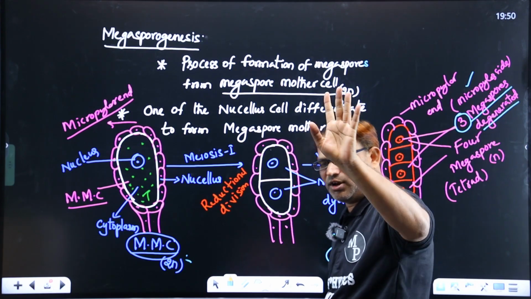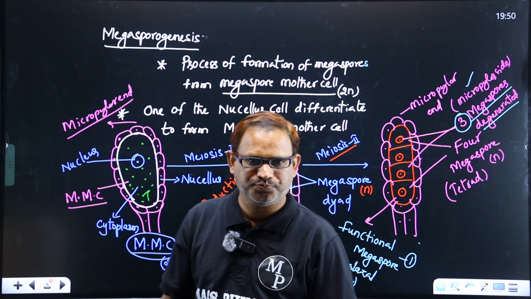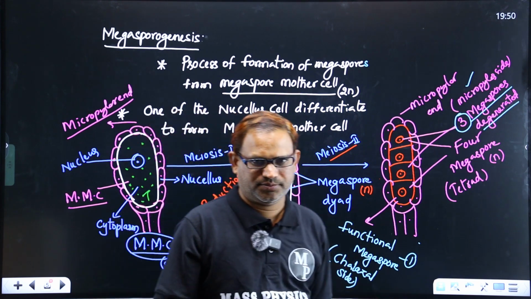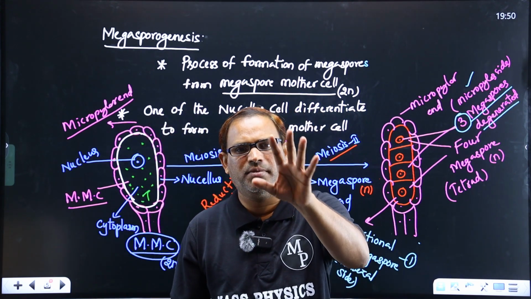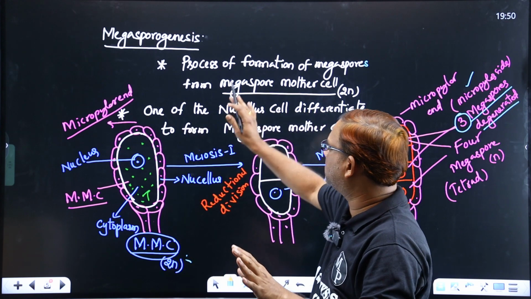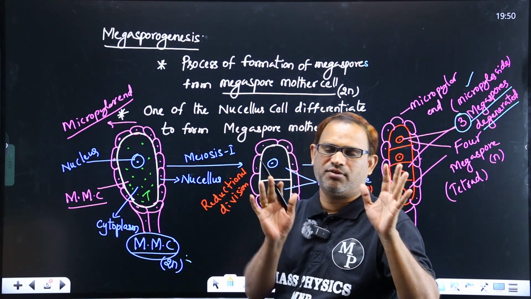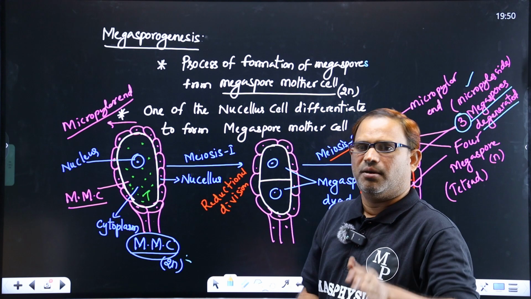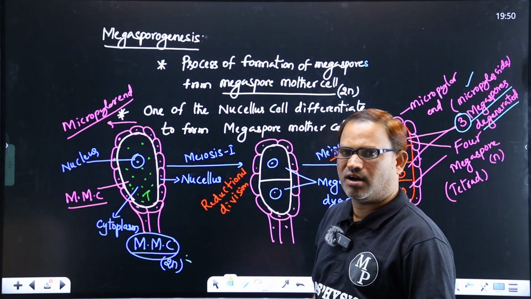There is one question in NCERT. Why does reductional or meiotic division take place during megasporogenesis?